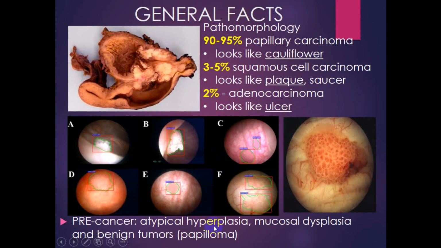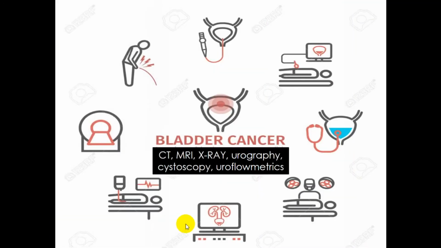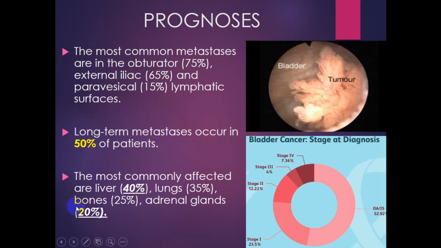Precancer states you can see below. Bladder cancer can be diagnosed by such methods and procedures like CT, MRI, X-ray, urography, cystoscopy, and uroflowmetry. You should use them to investigate this disease.